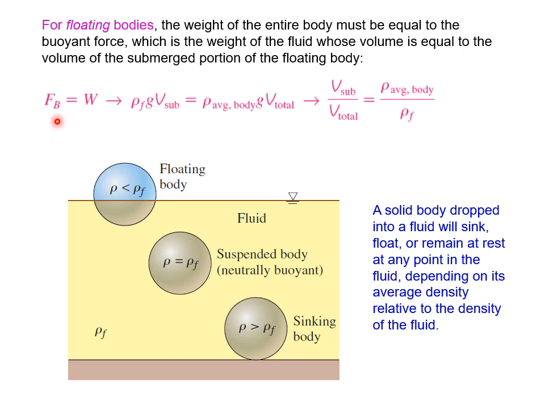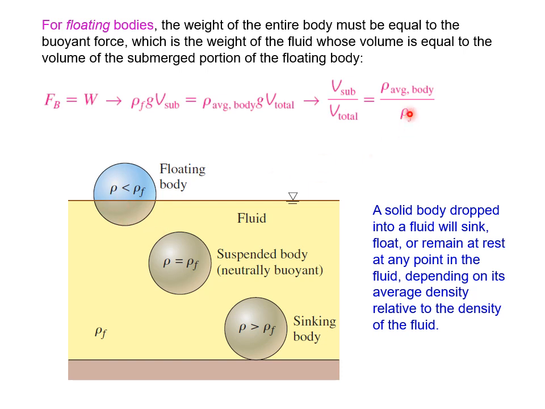So if you set an equilibrium where the object's floating, the buoyant force, the upward force, is going to equal the weight. So you can end up with a relationship where the volume of the submerged part divided by the total volume of the object is simply a ratio of densities of the body compared to the fluid itself.